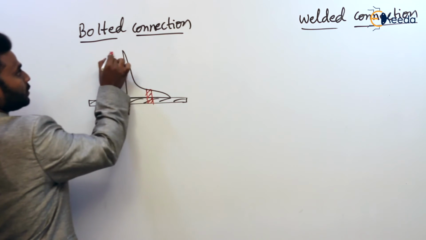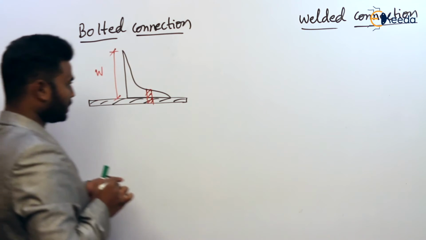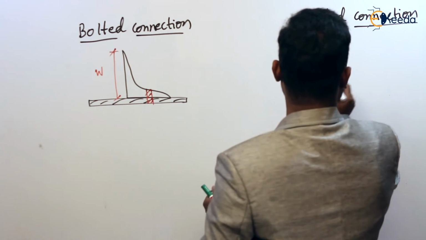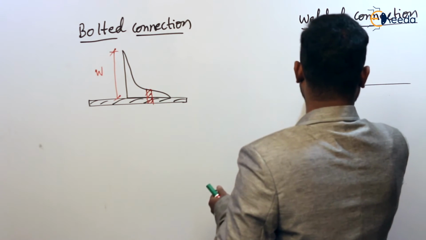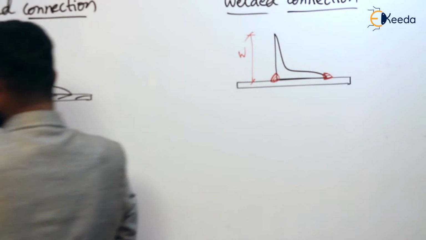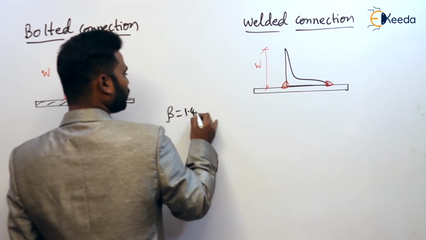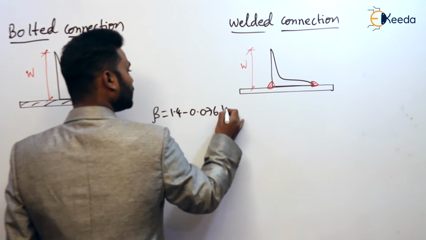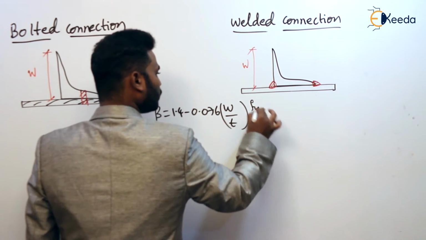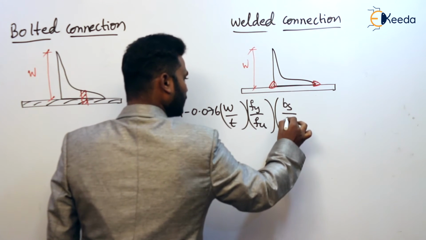Clear? This is W, we know that, the width of the outstand in the bolted connection and also in the welded connection. Now the formula for beta, I'm going to write once again: beta is equal to 1.4 minus 0.076 W by T into Fy by Fu into Bs by Lc.